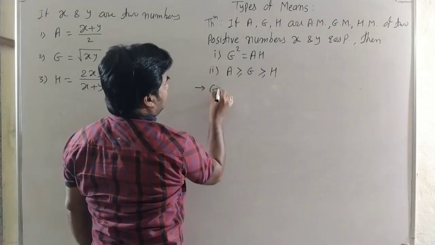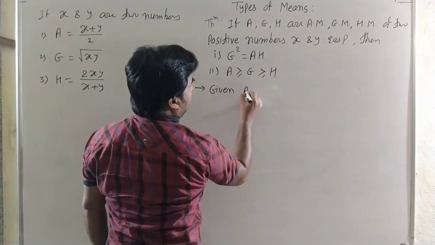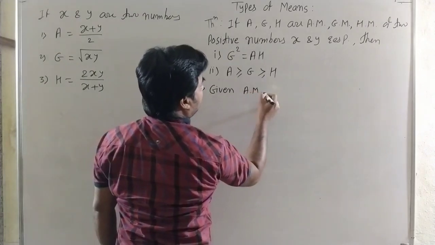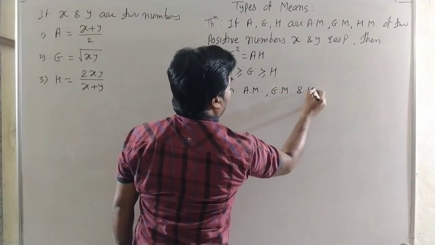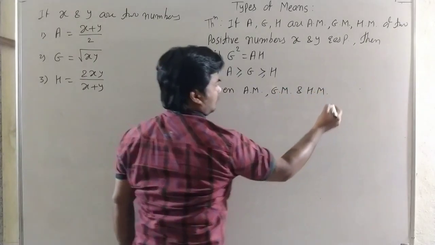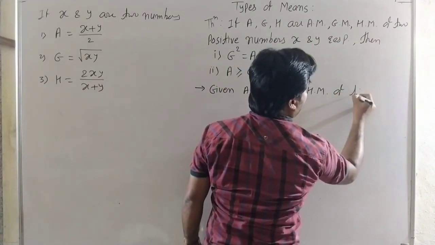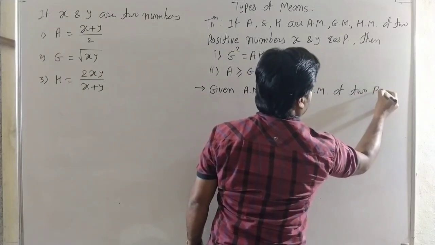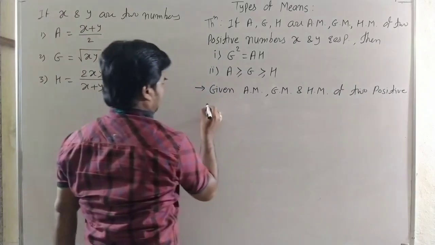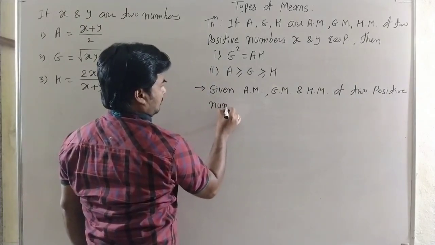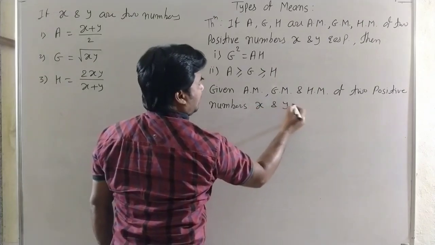Given arithmetic mean, geometric mean and harmonic mean of two positive numbers x and y.